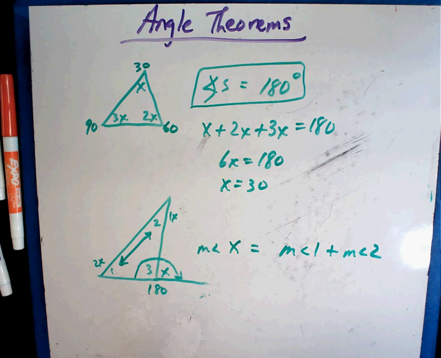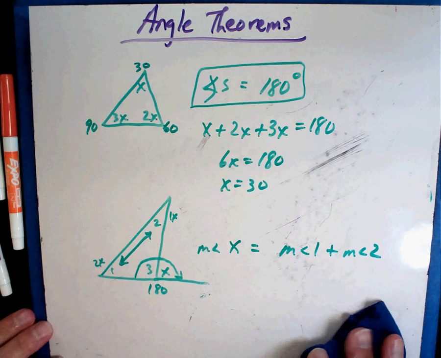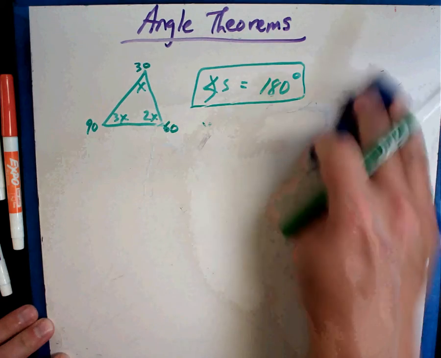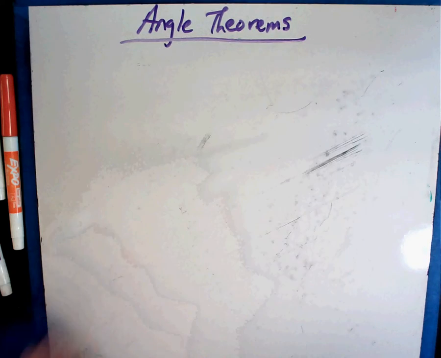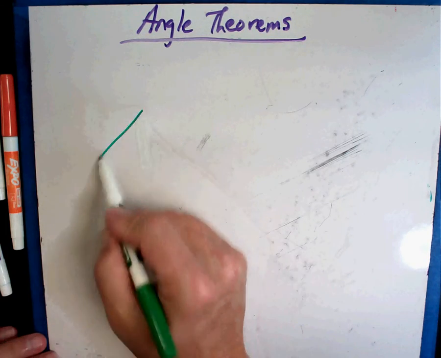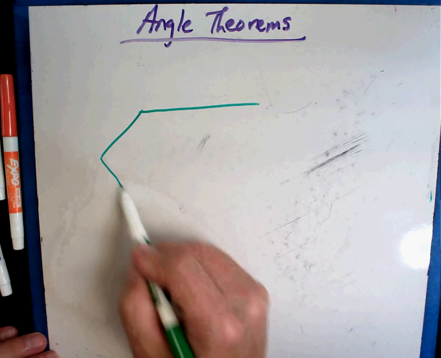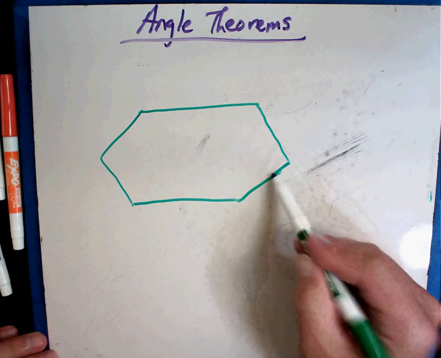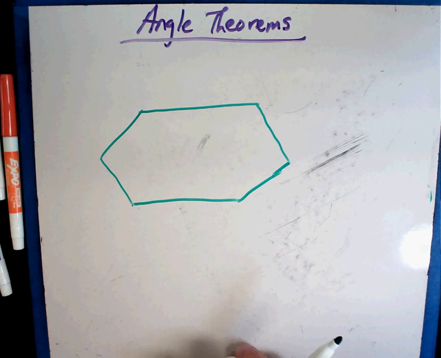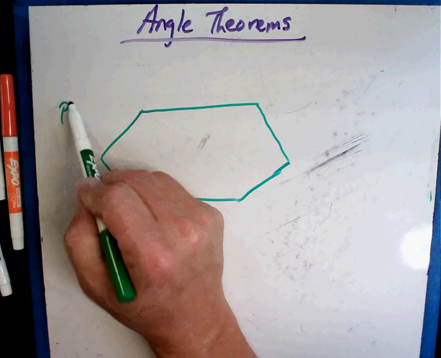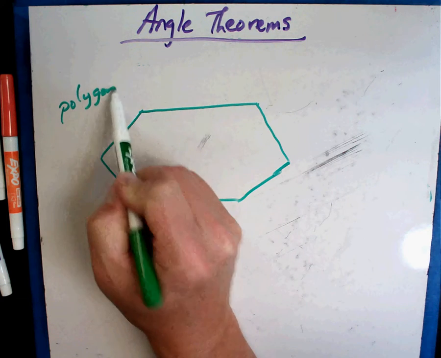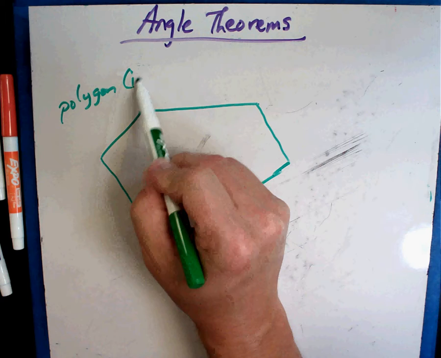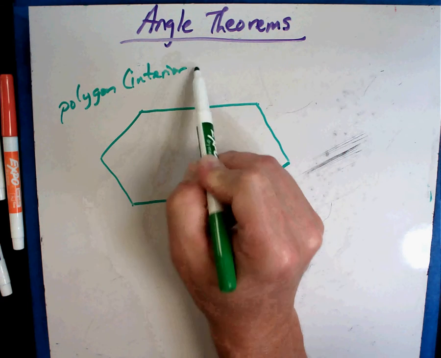Now, you may not have known that one, but there's another one for you. Here's another example of angle theorems that are shortcuts for you to figure out. Let's say we had a polygon, and we want to know specifically its interior angles.